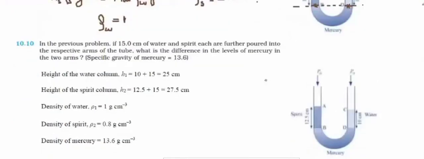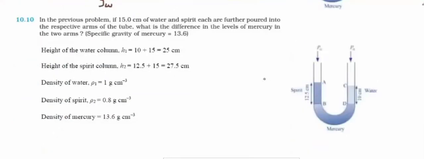Now question 10 is its continuation. In the previous problem, if 15 centimeter of water and spirit each are further poured into the respective arms of the tube, an additional 15 centimeter of the respective substances, what is the difference in the levels of mercury in the two arms? Water is having more density.